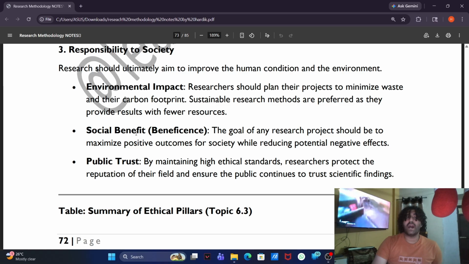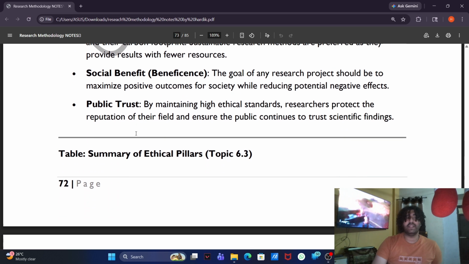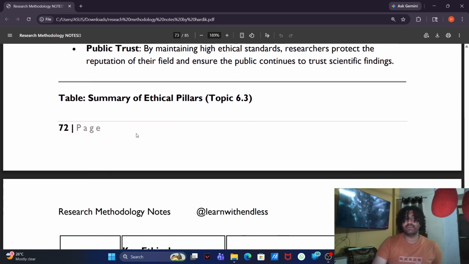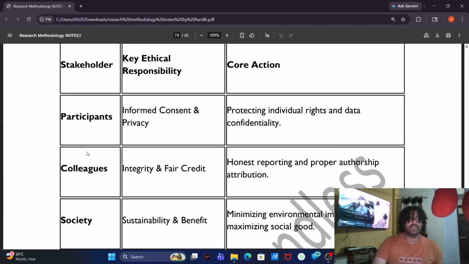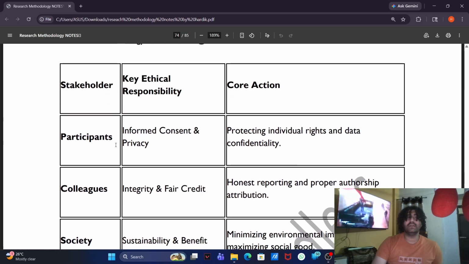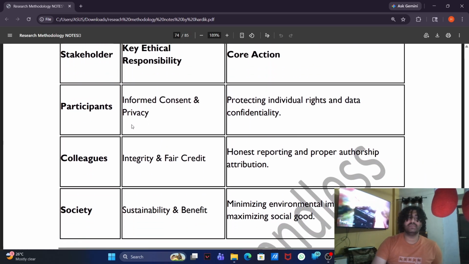By maintaining high ethical standards, researchers protect the reputation of their field and ensure the public continues to trust scientific findings. Here is a table summary of ethical pillars. Here are the stakeholders, key ethical responsibilities, and core actions. Participants: informed consent and privacy, protecting individual rights, data, and confidentiality.